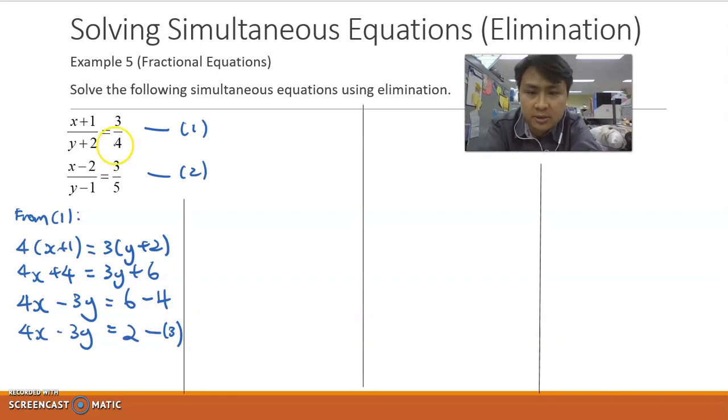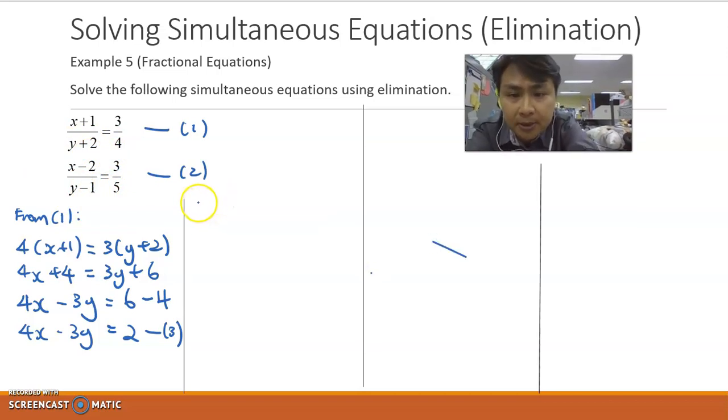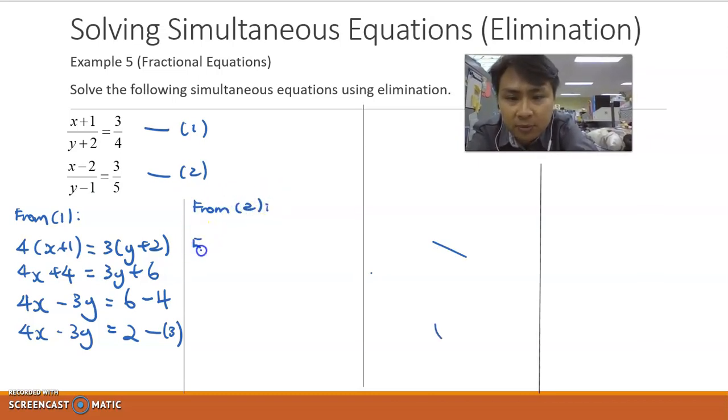Now we do the same for equation 2. We apply cross multiplication, and then after that we rearrange in x, y equals number. So from equation 2, 5 bracket x minus 2 is equals to 3 bracket y minus 1.